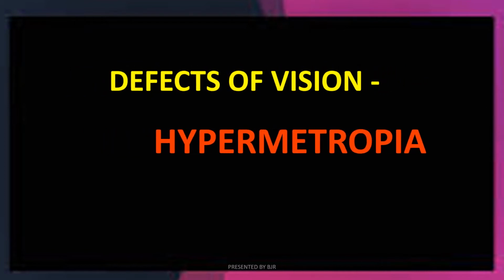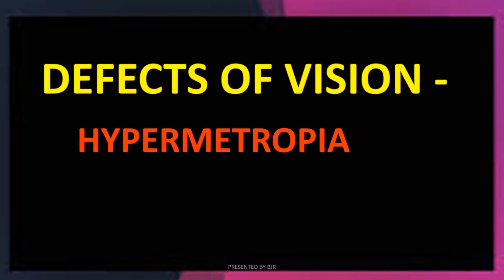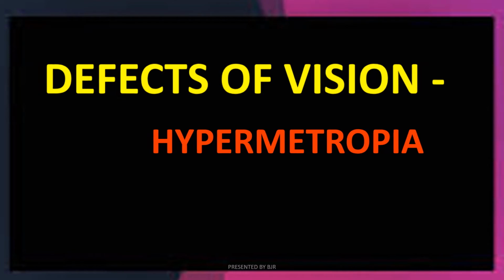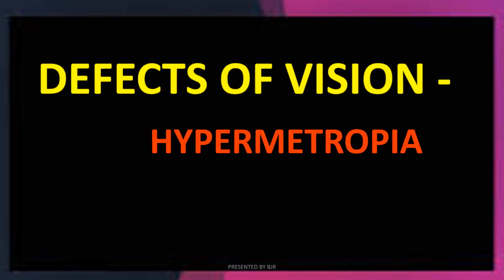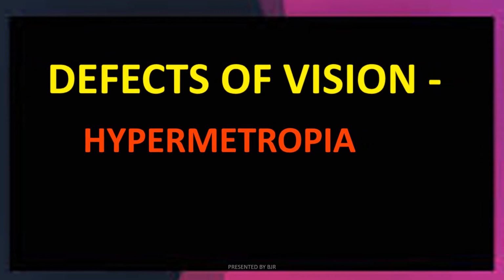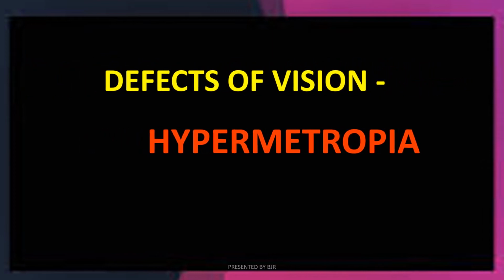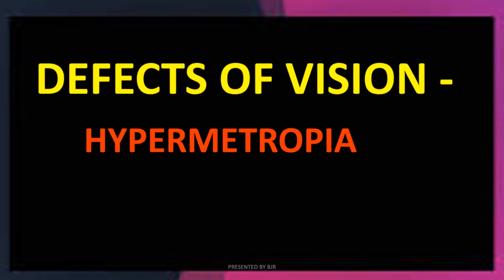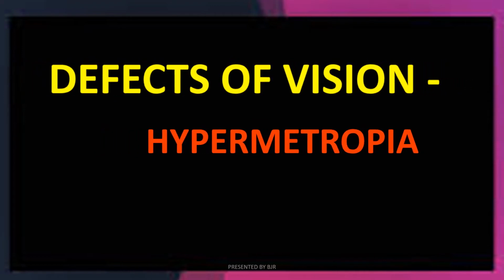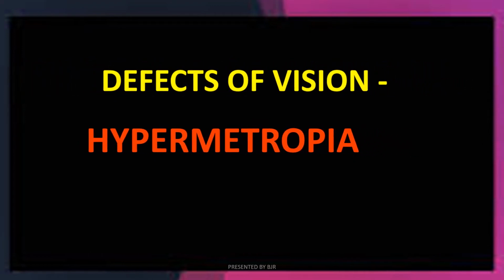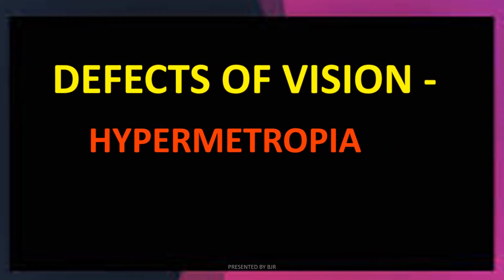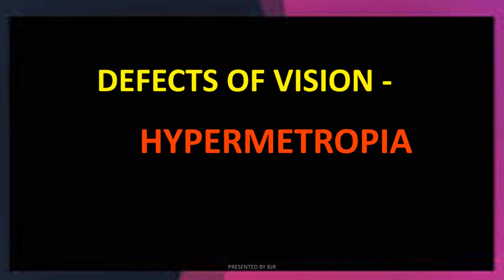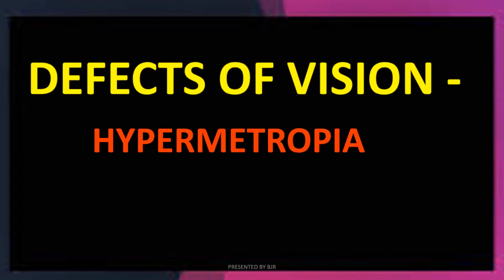And in case of a hyperopic eye, the lens has the problem of adjusting the minimum focal length for nearby objects, and it is greater than 2.27 centimeters. So due to the accommodation of the eye, one more defect occurs, that is hypermetropia.